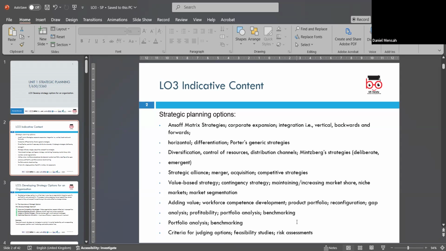It is a kind of skill. Apart from exploring these strategic tools, we will learn the criteria for judging options and how we will do the feasibility study and risk assessment to reach the final decision to select the most effective option for our organization.